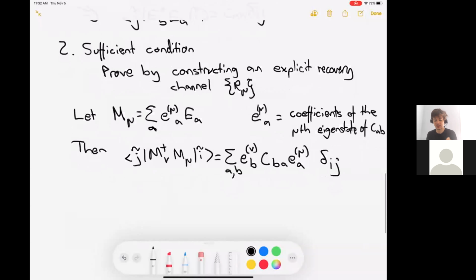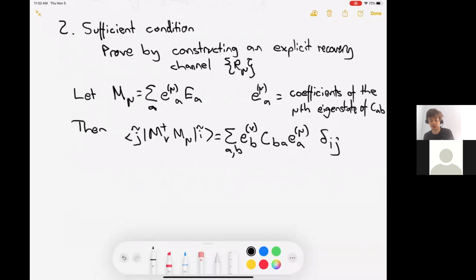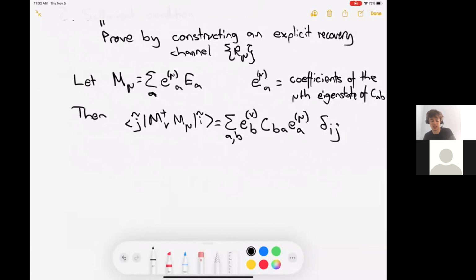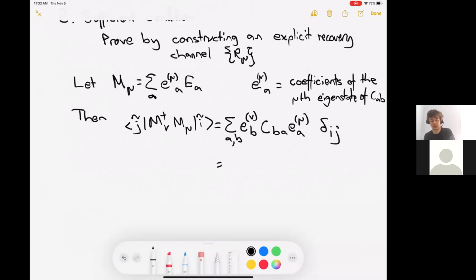Okay, but this is of course, because EA mu is an eigenstate of CBA, and the E mu's and E nu's form an orthonormal basis, then this is just equal to delta mu nu times C mu, that's the eigenvalue of CBA for that particular eigenstate, times delta ij.